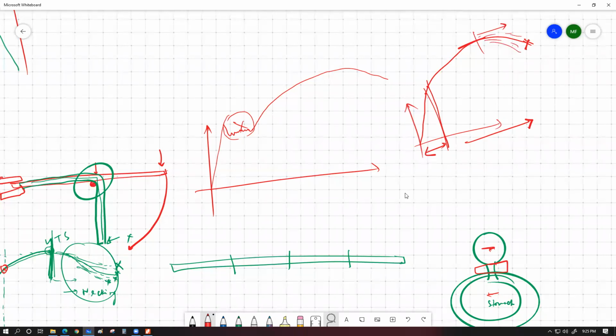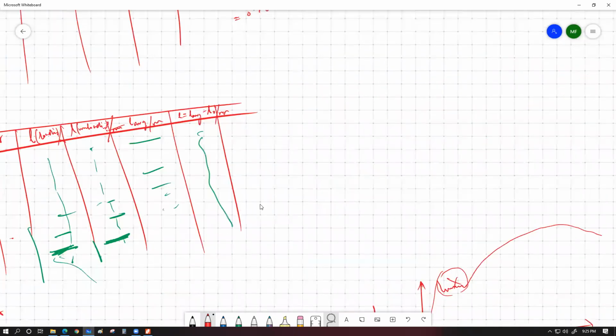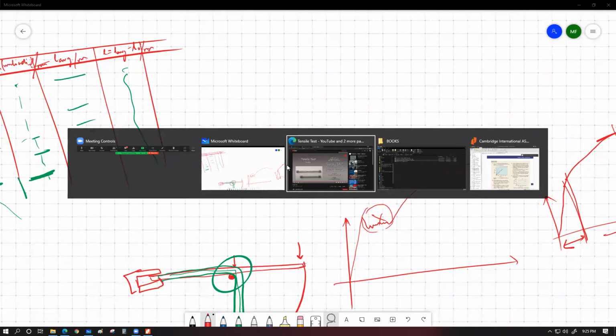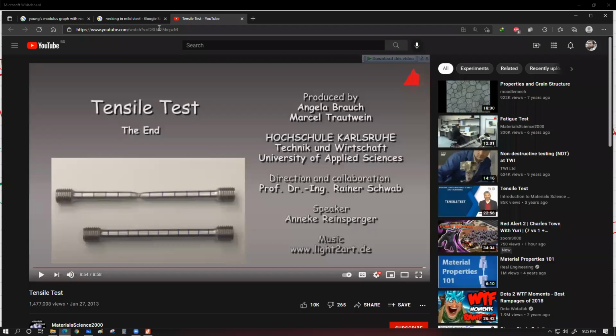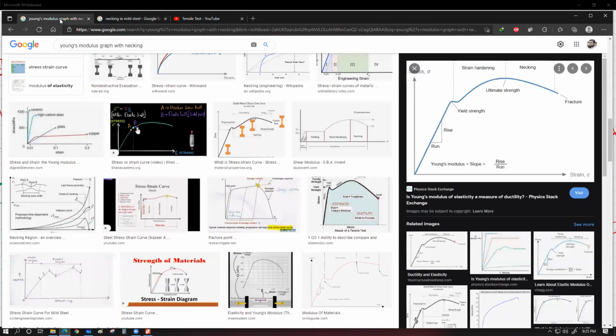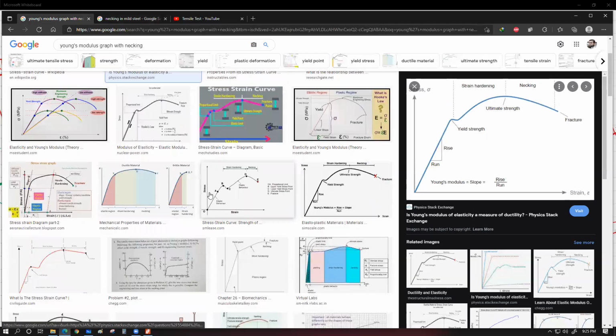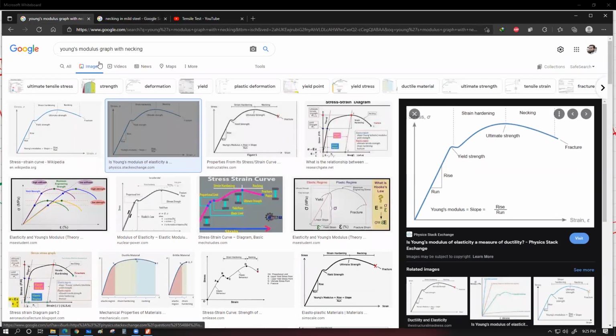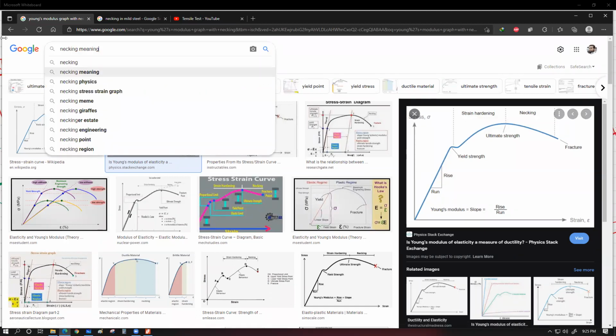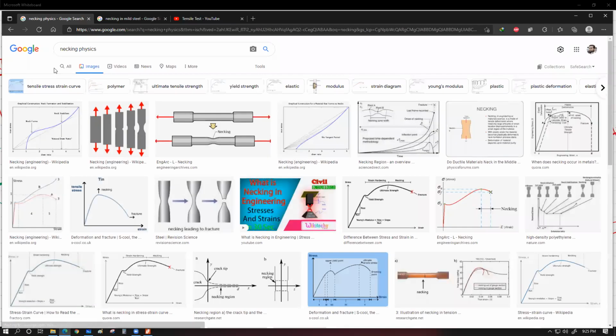The idea of necking is that whenever we deform the whole object, for example, if you have a look at the picture of a necking, wait, let me show you.